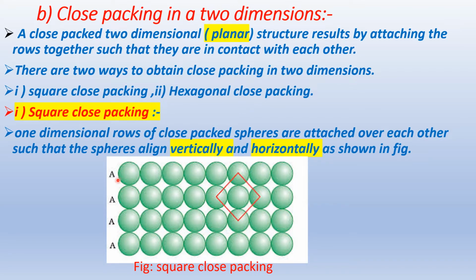This is a simple figure, A type figure. Here all the layers are in the same manner. These are all arranged one by one vertically and horizontally. So what is square close packing? Square means four coordination number, that is four spheres are attached to one single atom. First touching here, second touching here, third and fourth.